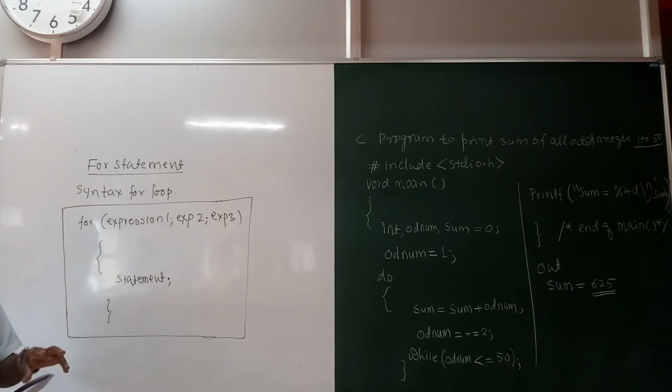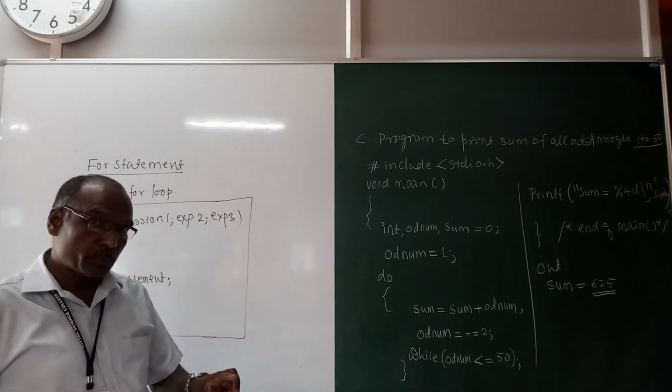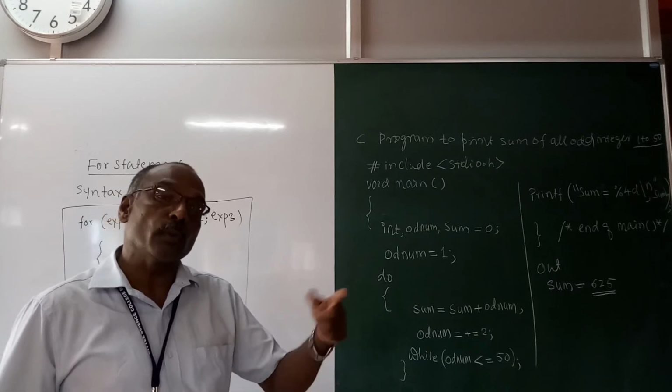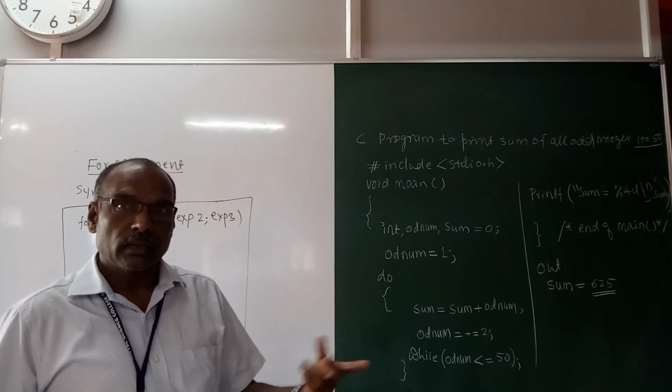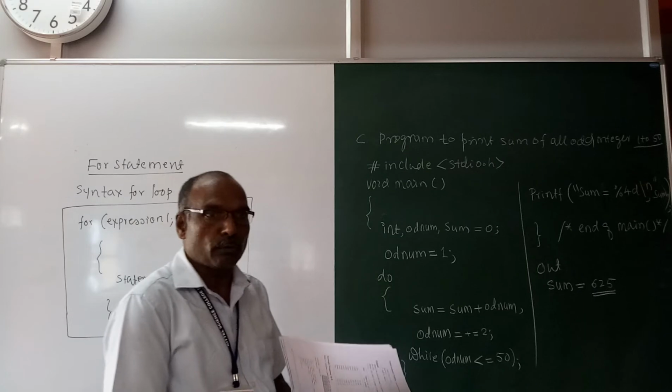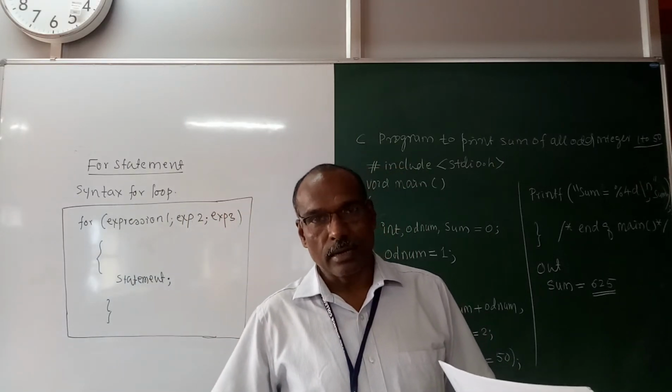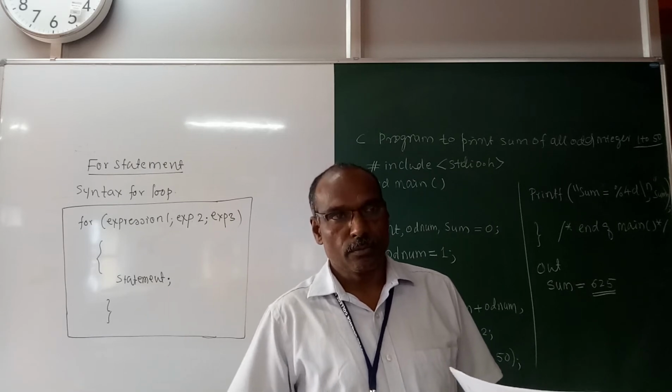There is one more, the nested for loop statement. In a nested for loop, inside the for loop there is one more loop, right? Like pages of a book. We have the front page and the last page, and so many pages within.